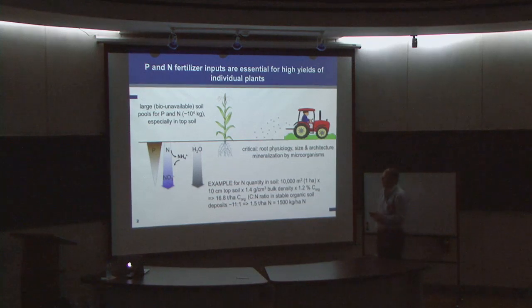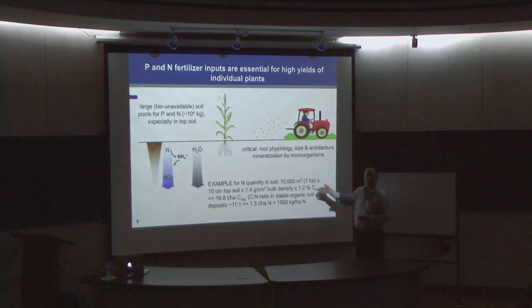And overall, I want to show you a little bit that the overall problems with nitrogen are a little different. I just want to make an example of how much nitrogen deposits you typically find in a field that has quite moderate concentrations of organic carbon.